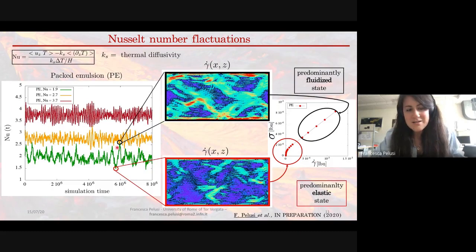The first analysis shows that if you look at the extremes of the fluctuations, the minimum and the maximum, here I took only 2, for example, and if you look at the shear map, you can see a big difference.